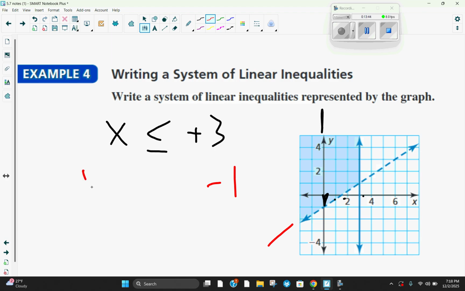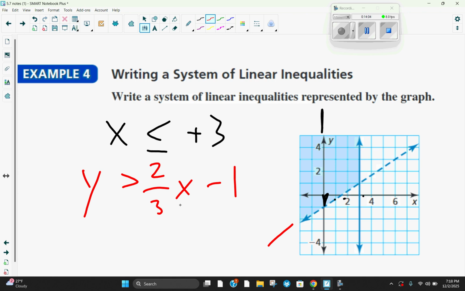So I'm going to have y. The shading is above, so it's going to be greater. It's a dotted line, so it won't include the equal sign. And we said 2/3 x. That's that equation.